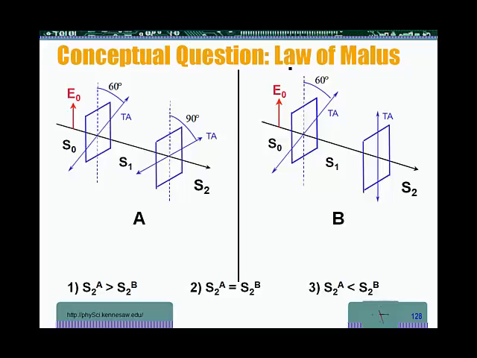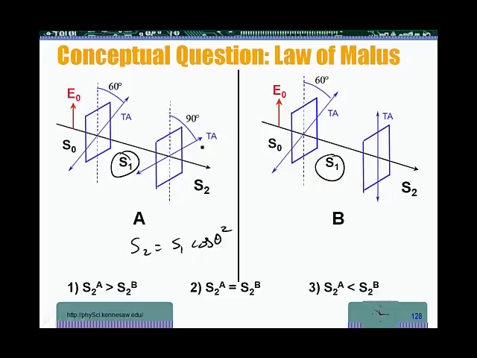Okay, now in both cases we are going to have the same S1. The difference is what's going to happen with the last polarizer. Remember, S2 is going to be equal to S1 cosine of theta squared.